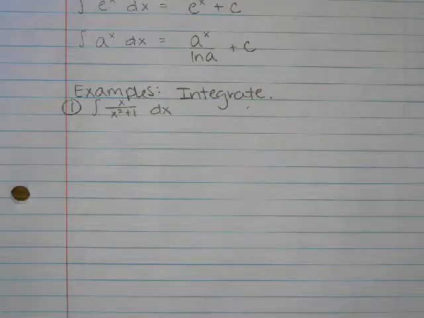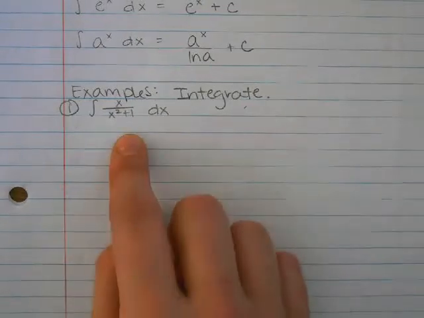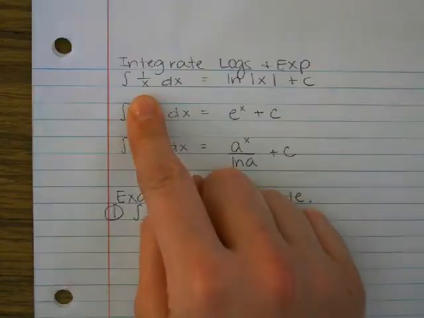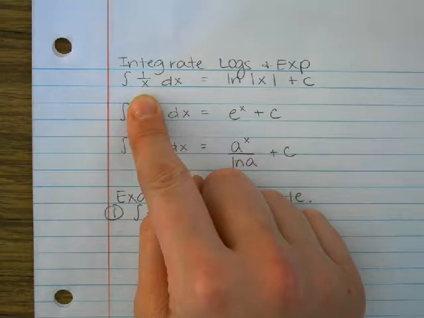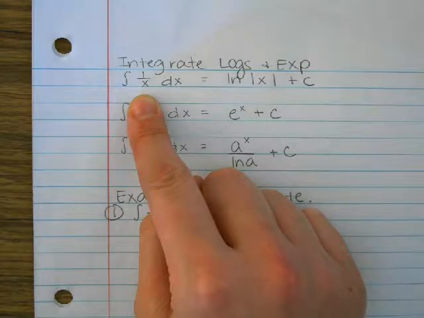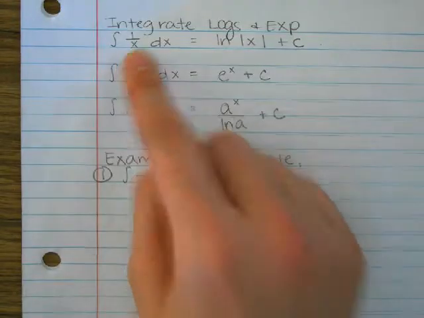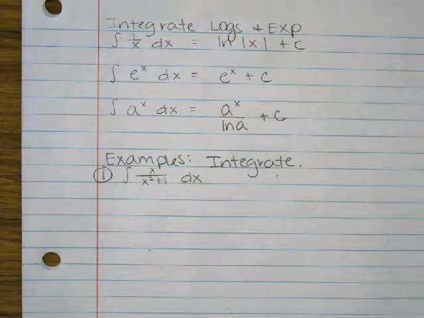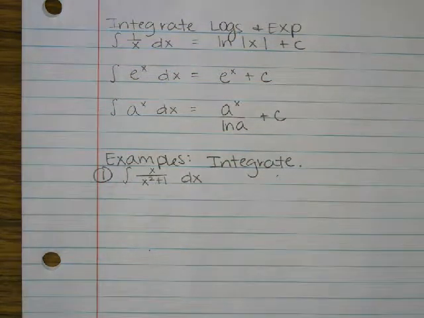These ones are going to be a little bit harder to tell because our outside function might be 1 over x, which is not like saying it's to the 5th power, so the 5th power is the outside function. It's not quite so easy to see this time. Hopefully as we do more of these, you'll be able to recognize which one it is, but it may not be obvious right away.